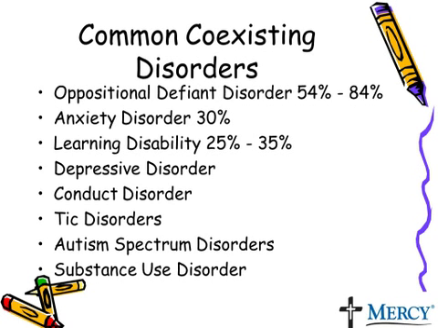Tics are common in children with ADD. Up to 10 to 15% of children with ADHD may have a tic or develop a tic disorder at some point. On the other hand, if you have a child with a diagnosed tic disorder like Tourette's, the incidence of ADHD is much higher.